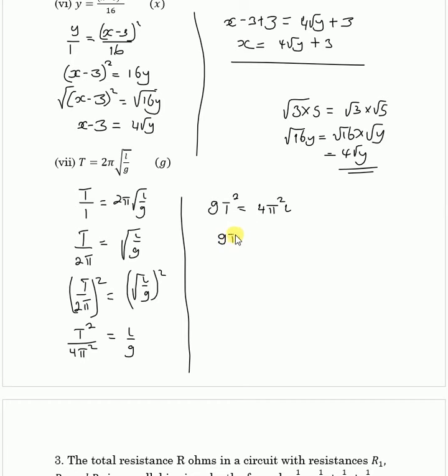I have g t squared divided by t squared is equal to 4 pi squared L divided by t squared, and t squared goes with that t squared and remains with g alone on the left hand side, equal to 4 pi squared L divided by t squared. That is g as the subject of the given formula.